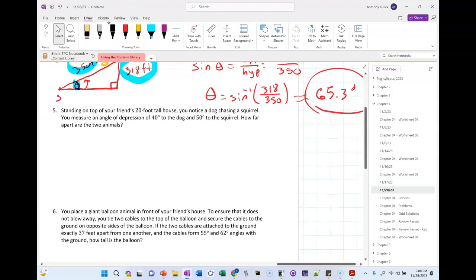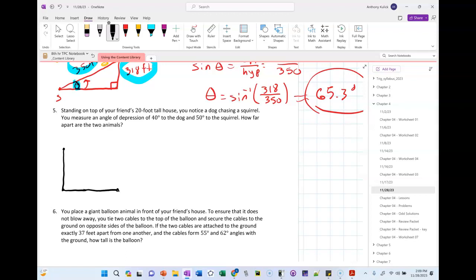Well, let's do number 5 then. Standing on top of your friend's 20-foot tall house, you notice a dog chasing a squirrel.